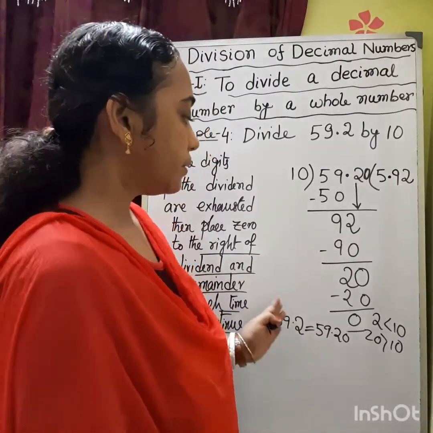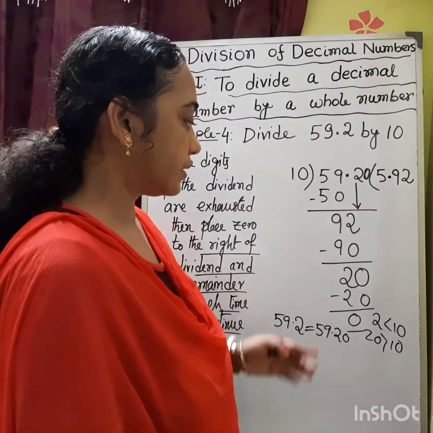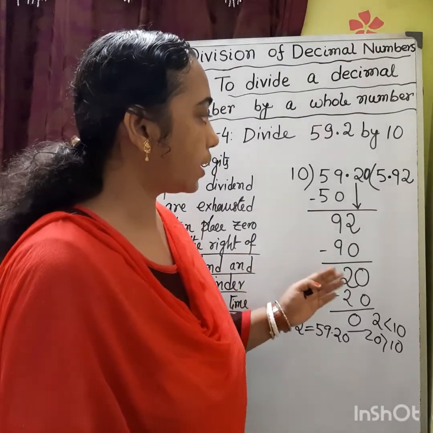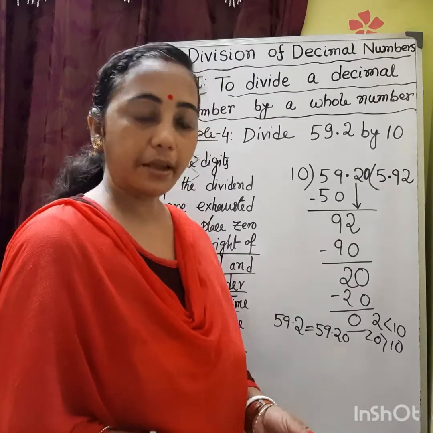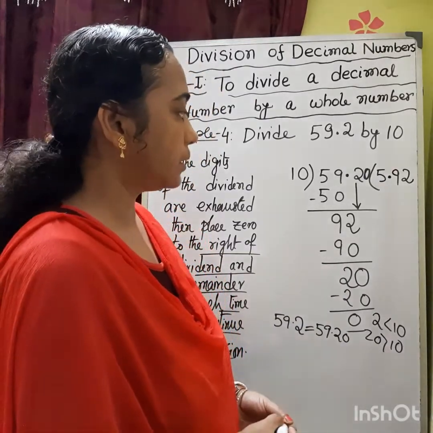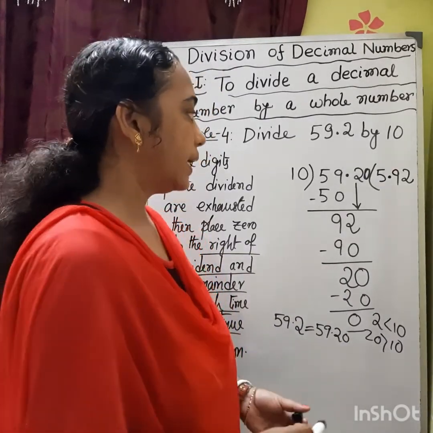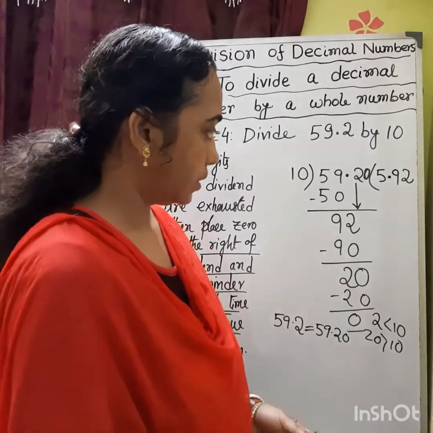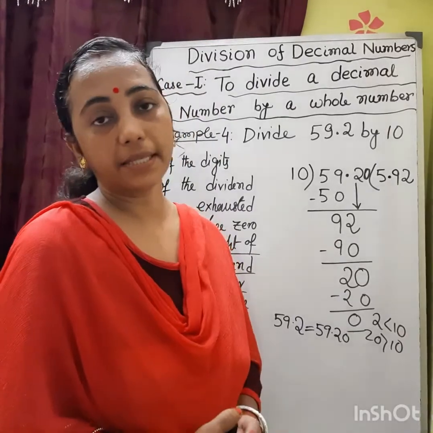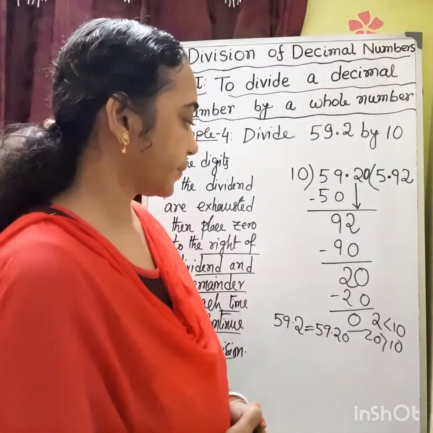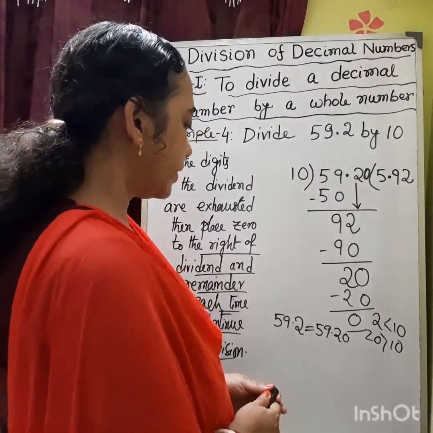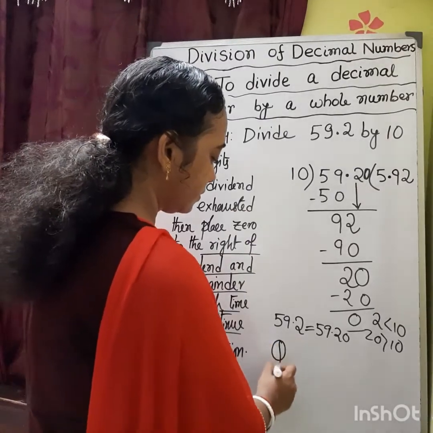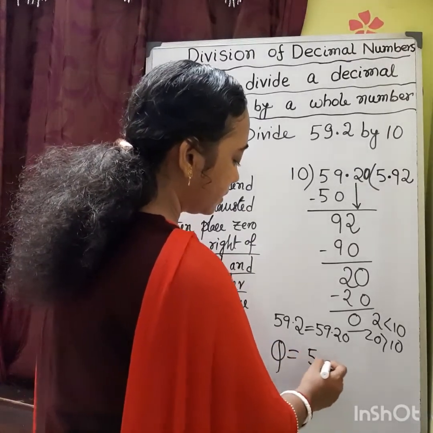So in this case also at the time of division, if there is no other digit left in the decimal part, we put 0 in the dividend and remainder to continue the process to find the quotient as the decimal number. So here we get the quotient as 5.92.